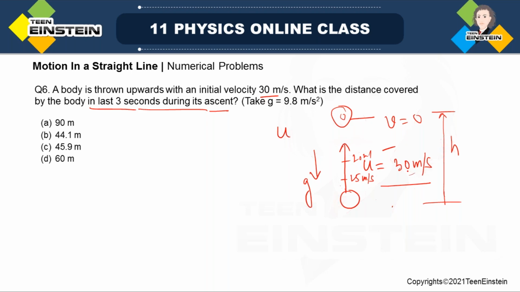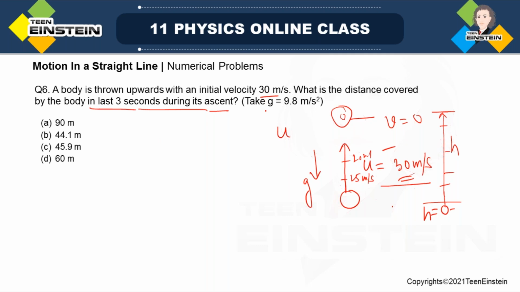Suppose this is the height h. This is a reference point, so the height is 0 over here. So 0 to h height. When it starts with 30 meter per second, it reduces velocity and manages to reach up to height h, and by that time the velocity of this object becomes 0.